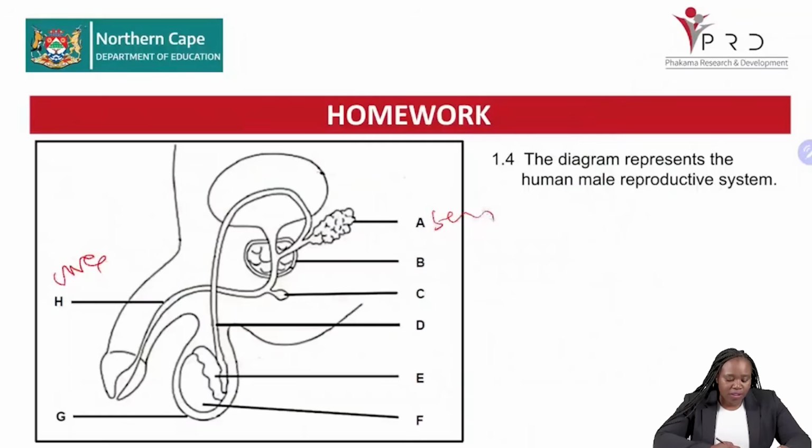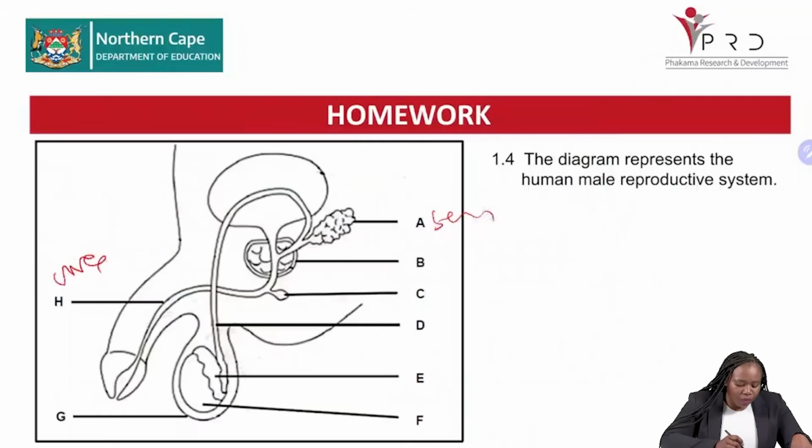So if you know that, for example, part D transports sperm cells, then you would know what would happen if part D is cut, or if part H is cut. Now, if you do not know, and the question says, if this part is cut, then the male will produce semen without sperm cells, it means that you will not know if it's part D or part H, because you only know the labels, but you do not know the functions.